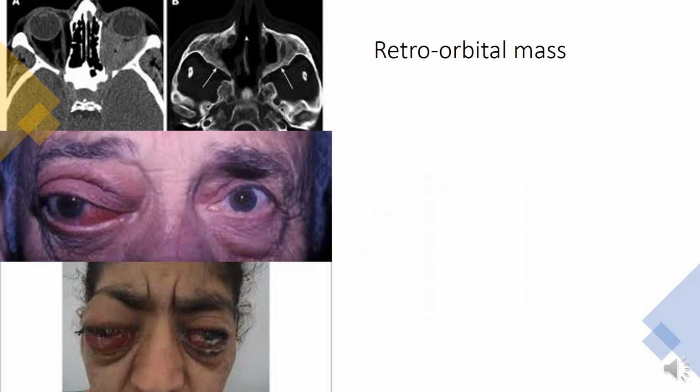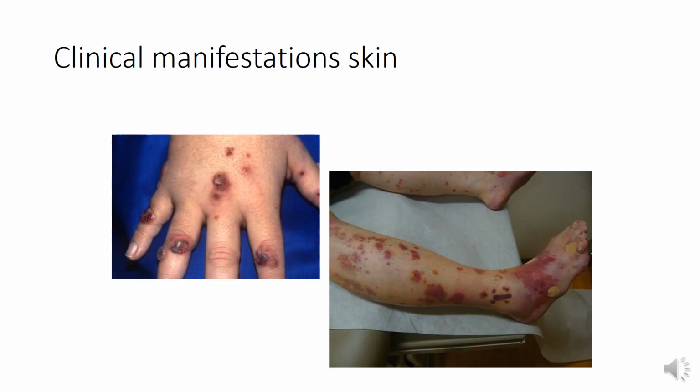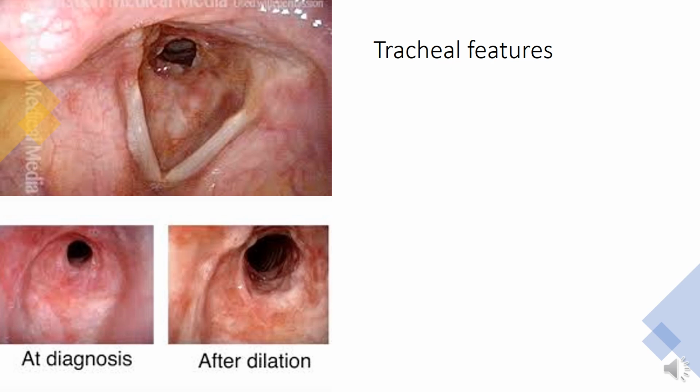Retroorbital pseudotumor with proptosis, unilateral or bilateral. Purpuric rash, vesicles, and ulcers. Tracheal stenosis causing hoarseness.